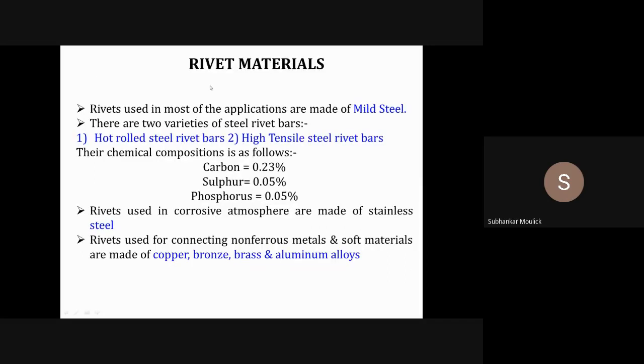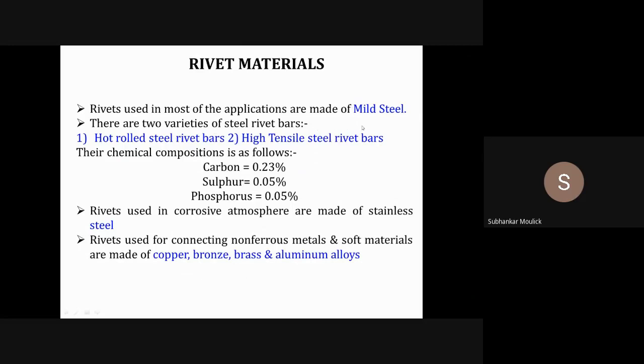Next is rivet materials. Four options can be given to you in GATE, and out of four options, they can ask you which option is most appropriate for rivet materials. You should know; you have to remember these things anyhow. So rivets are usually made of mild steel.